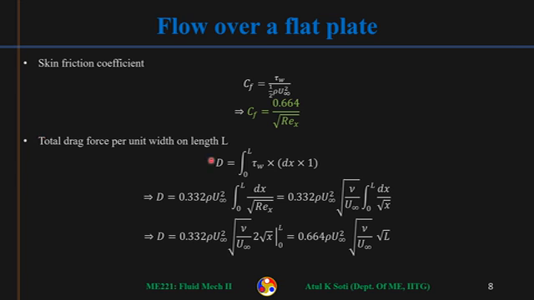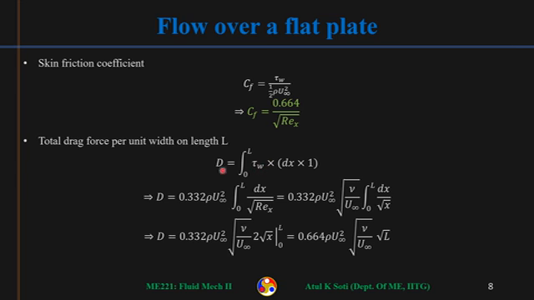Then we can also calculate the total drag on a particular length of the plate. So for example, till the length L, the total drag on the flat plate between 0 to L. So that we will get by integrating wall shear stress. Wall shear stress we have available.